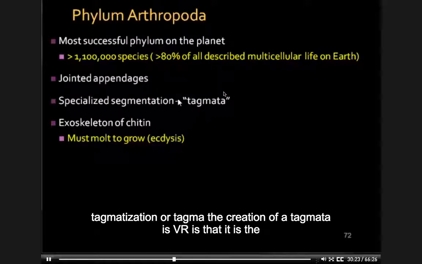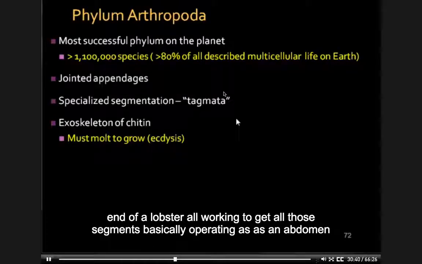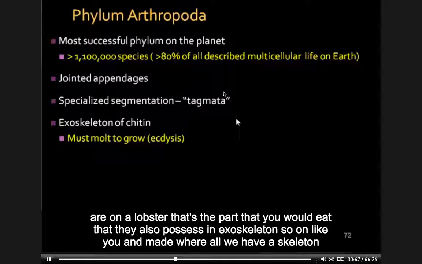Tagmatization, the creation of a tagma, is the intermingling of segments to form an actual body. Like, for example, an abdomen of a beetle. That abdomen is considered a tagma, or the back end of a lobster, all working together. All those segments basically operating as an abdomen on a lobster. That's the part that you would eat.